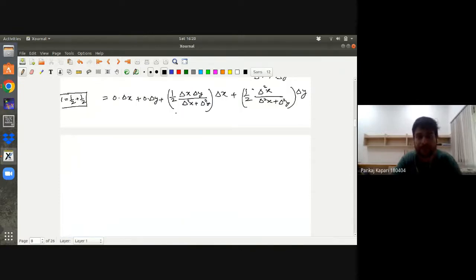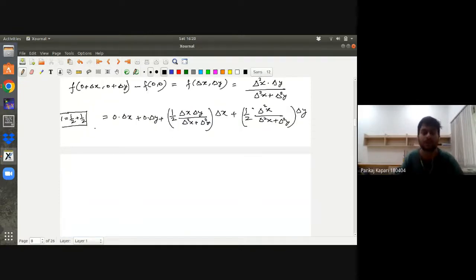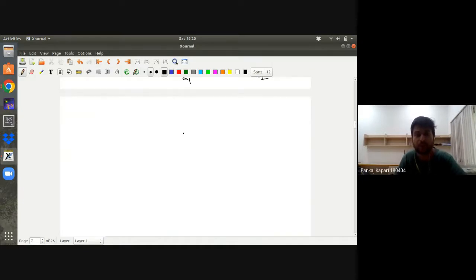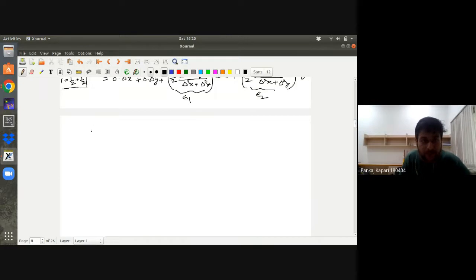So our net change, now note that this is our epsilon 1 as a function of delta x and delta y, and this is our epsilon 2. Now note that the limit as (delta x, delta y) goes to 0 of epsilon 1 does not exist.